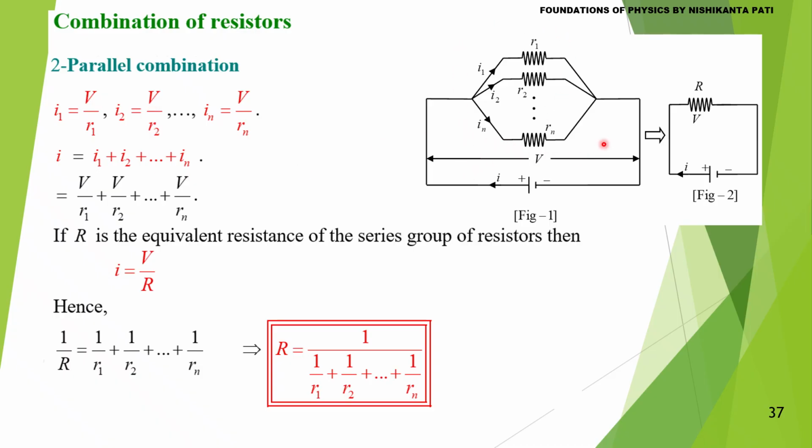This parallel group of resistors behaves as a single resistor of resistance R, potential difference V, current flowing I. This I is I1 plus I2 plus up to In. So upon putting the values and I equal to V by R, we get 1 by R equal to 1 by R1 plus 1 by R2 plus so on, and R is 1 divided by the sum of 1 by R1 plus 1 by R2 plus up to 1 by Rn.